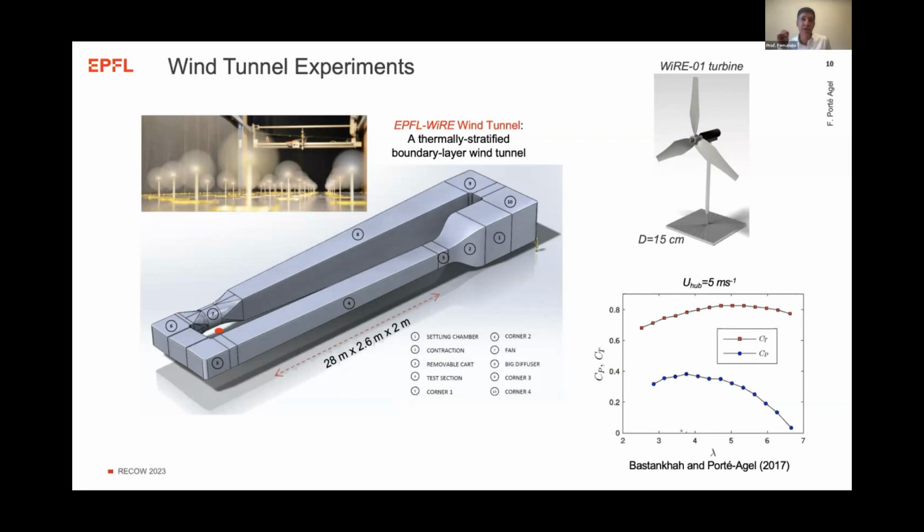This is very important because, as we will see later with analytical models, it dominates the strength of the wake. It is the main parameter in wake modeling, in simple analytical wake modeling, let's say. And the power coefficient is also quite good, almost 0.4, which for this size is quite remarkable.